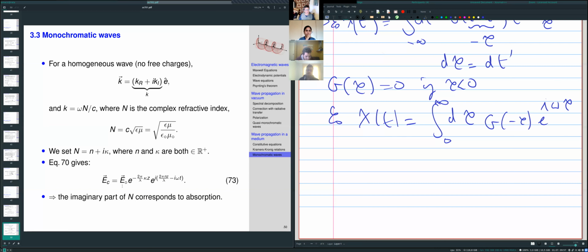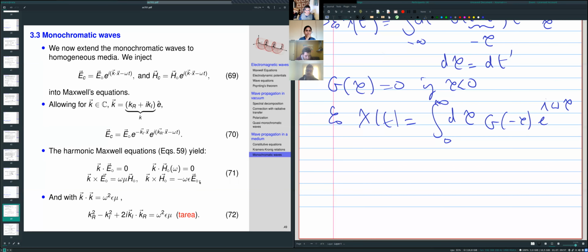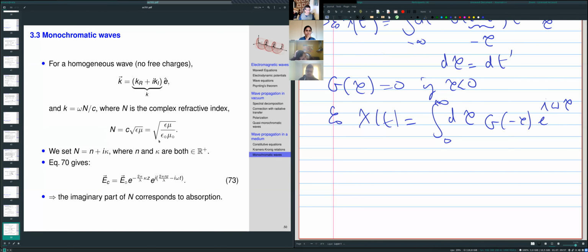When we plug this complex wave number into the monochromatic wave, and introduce the definition for this complex refractive index, this is what the monochromatic wave looks like. We have a damping part which corresponds to the imaginary part of the wave number, and we have this oscillatory term which corresponds to the real part of the wave number, and that's the real part of the refractive index too.